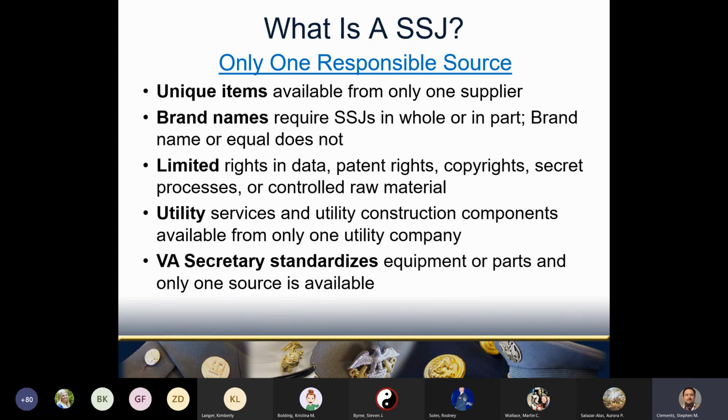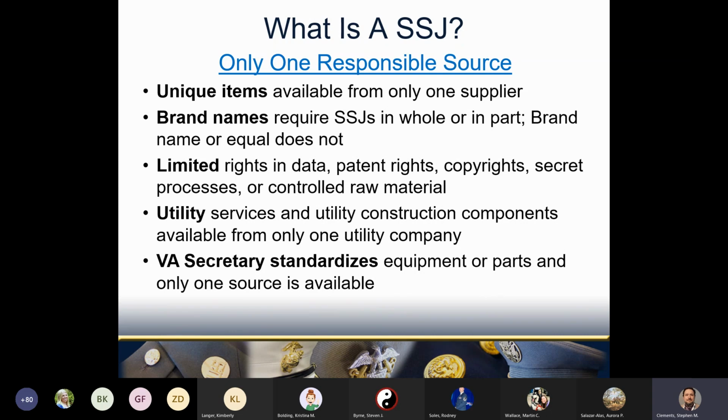That does happen. An example we can use to compare and contrast when this might cut muster and when it wouldn't. We could take a look at laboratory testing kits and the analyzers that use those testing kits. So if your facility already has a lab test kit analyzer that only works with the test kits made by the analyzer manufacturer, you could justify a sole source contract for the test kits.